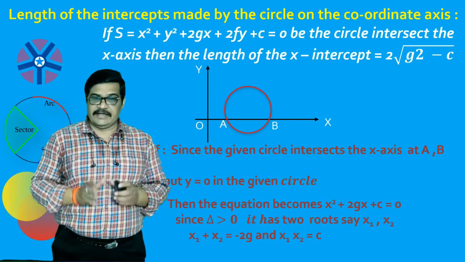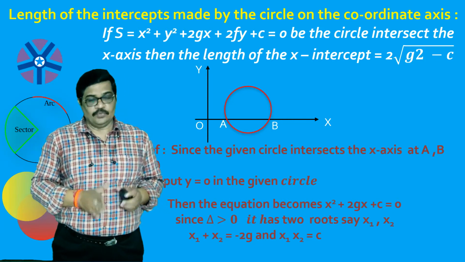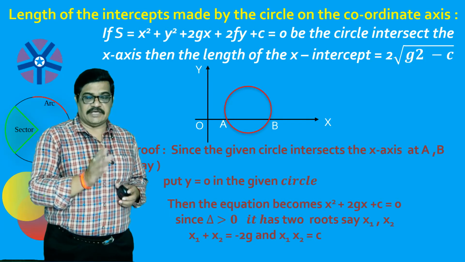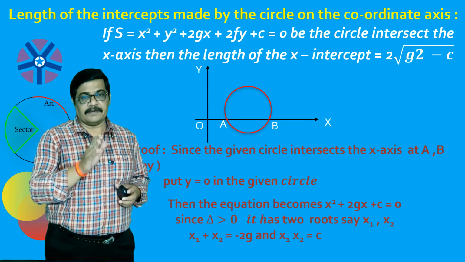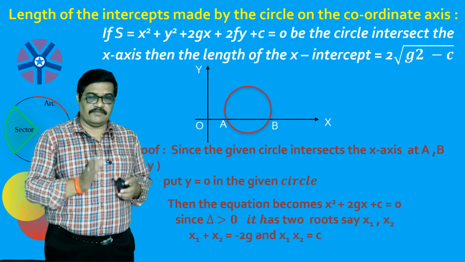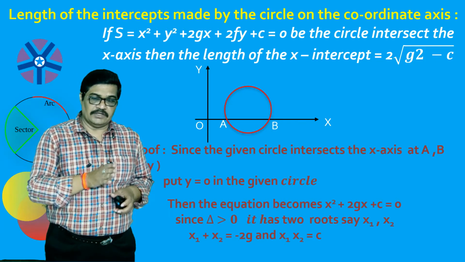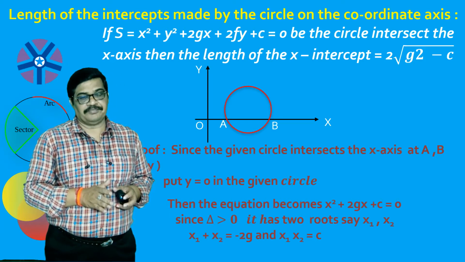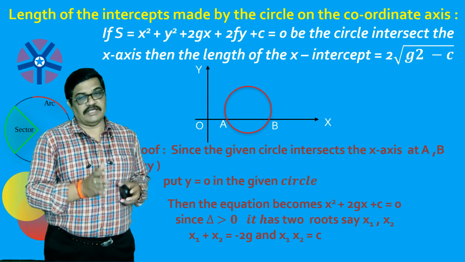Now we have to find the length of AB. What is here the length of AB? The x coordinate of A is x1 and the x coordinate of B is x2. So the length of AB is nothing but the modulus of x2 minus x1 or x1 minus x2.